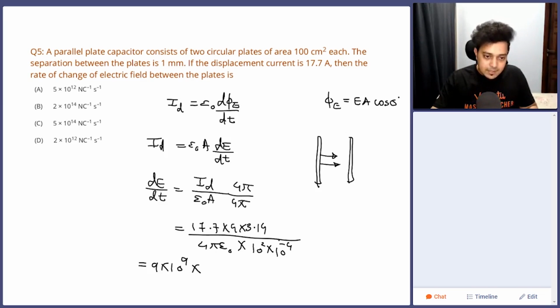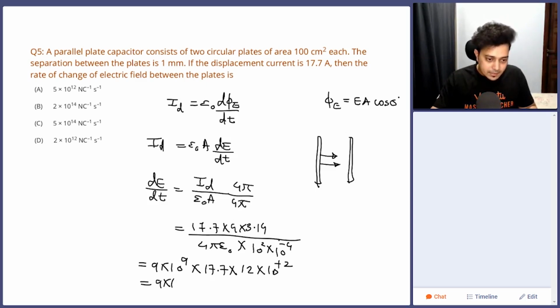Then we have 17.7 into approximately 12, and 10 raised to minus 2 will become 10 raised to, in the denominator, 5 minus 4 plus 2 minus 2, will become plus 2. Now you take 9 and 10 raised to 2 and 10 raised to 9 together.